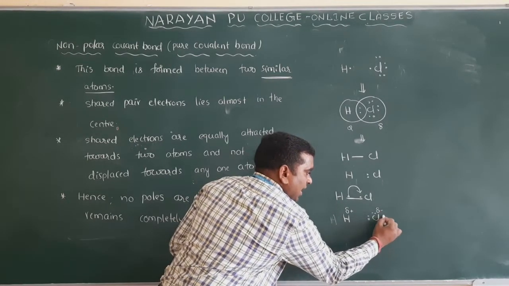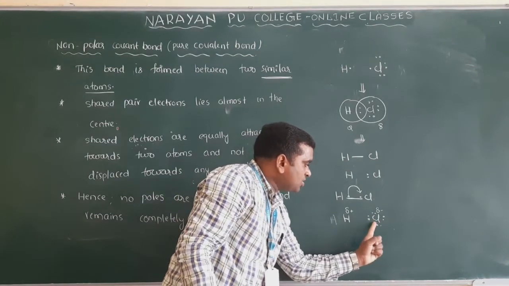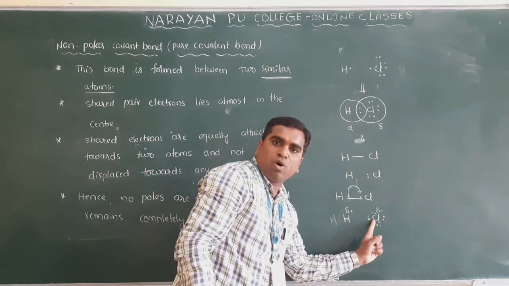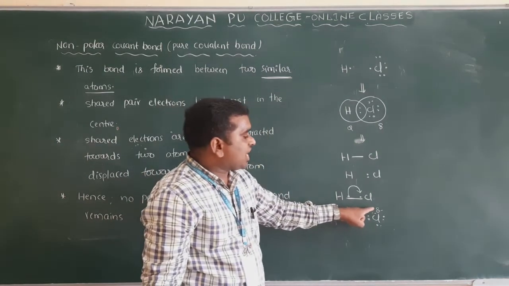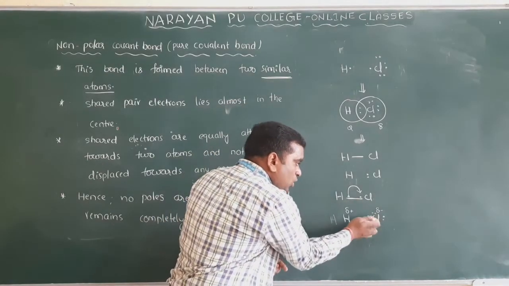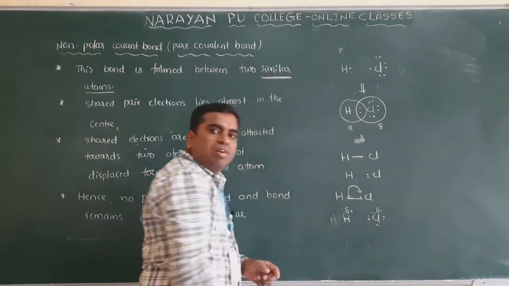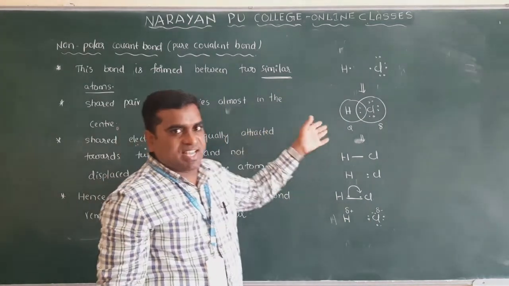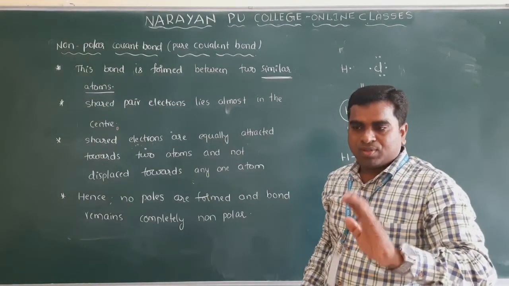The pair of electrons is displaced towards the more electronegative atom. Due to that, poles are generated on the atoms. Due to this positive and negative attraction, the bond forms. That bond we will call a polar covalent bond. Clear, my dears?